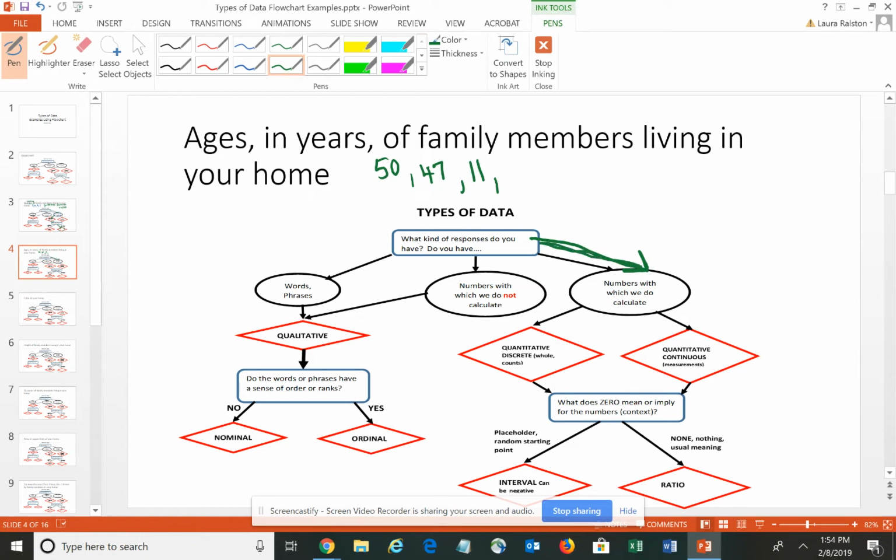Then you want to think about, are you going to give me a whole unit, or is it some sort of measurement? Now, again, typically you have to think about the context here. And it even says in years. So when you respond, you're just going to give me the years. You're not going to say 50 years, 4 months, and 5 days old.